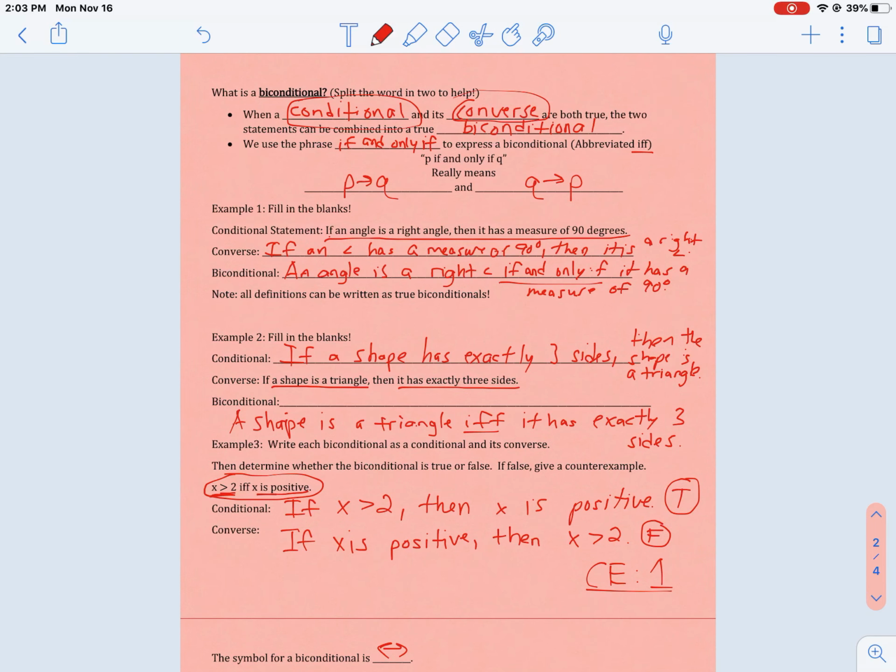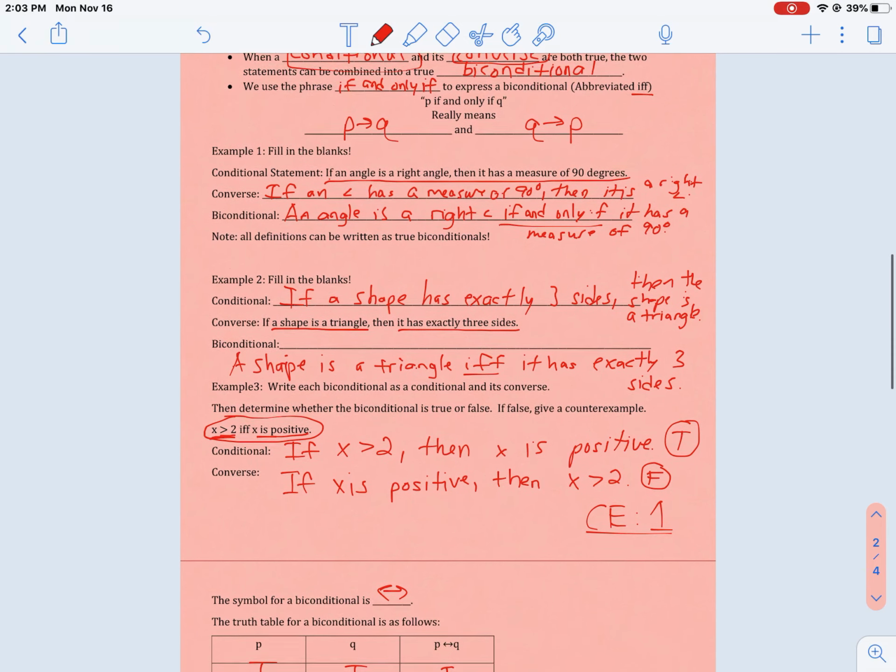But what I really want you to get is this. A biconditional is a conditional and its converse. The words if and only if tell you that you have a biconditional. A biconditional is a combination of if P then Q and if Q then P, for example.